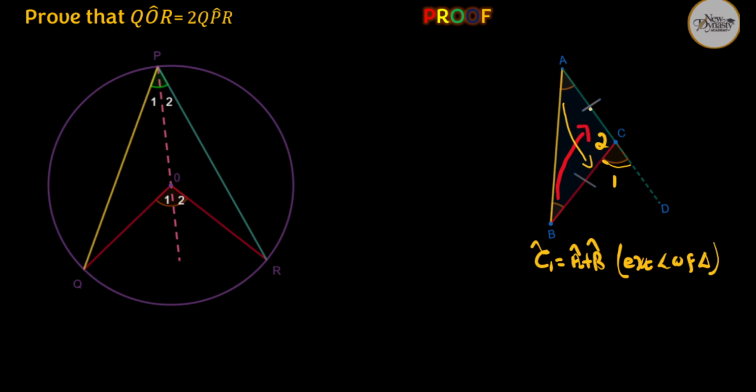So these angles that are opposite equal sides are also equal. That is another property of the triangle. We can say that angle A equals angle B. Why are they equal? Because these are angles opposite equal sides. I just wanted to remind you of this.